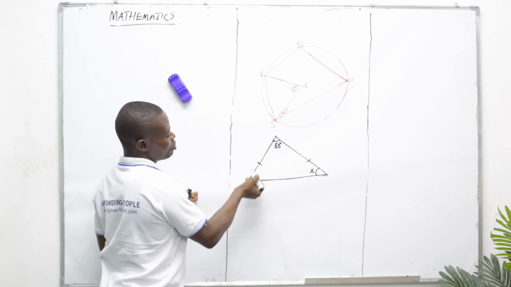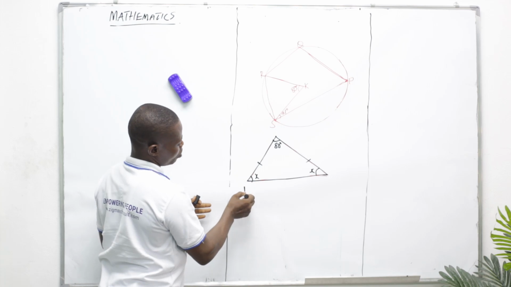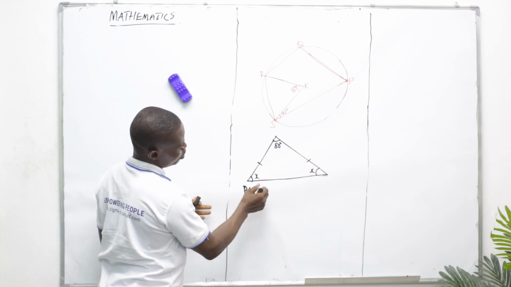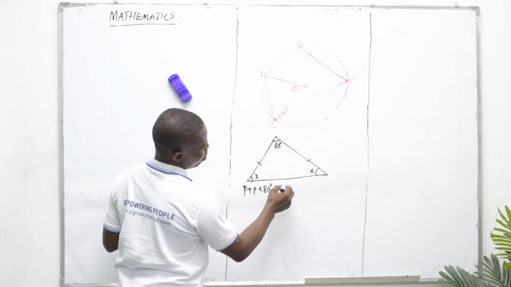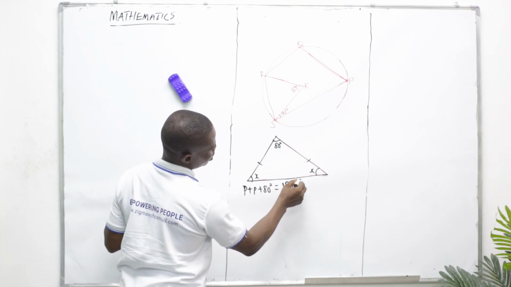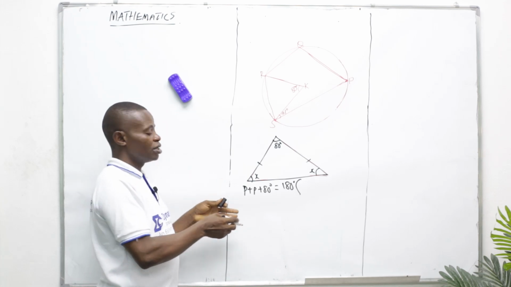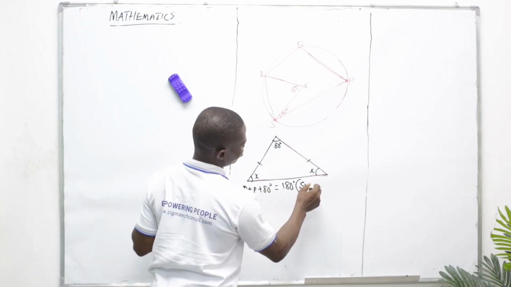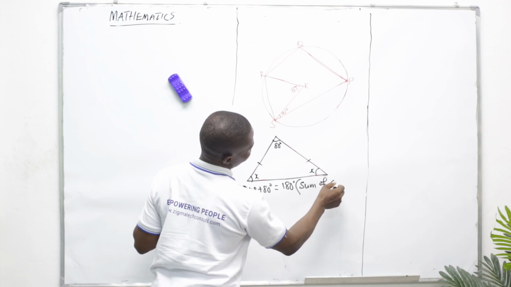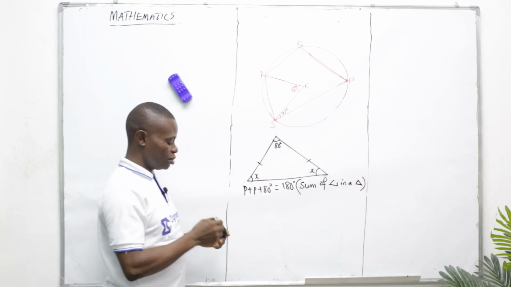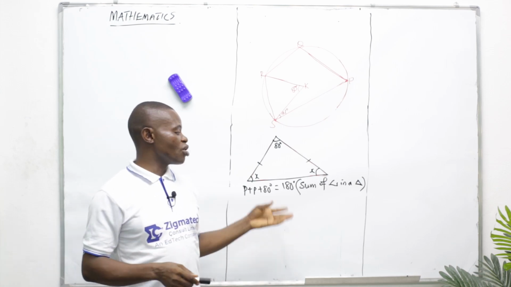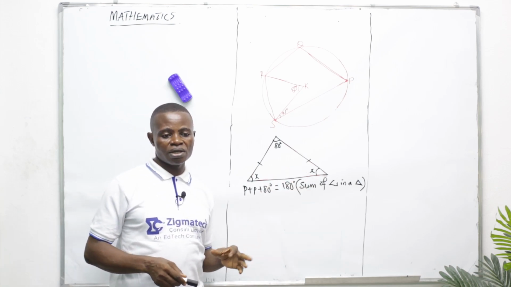It means if the base angles of the isosceles triangle are equal, p plus 80 degrees equals 180 degrees. What is the reason for saying this? The sum of angles in a triangle, they are equal to 180 degrees.